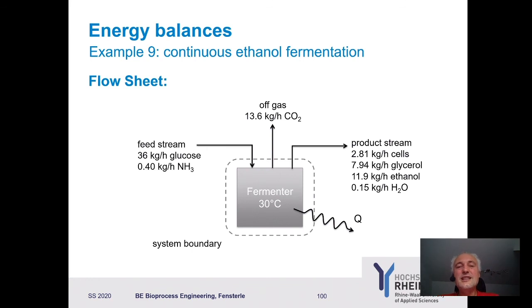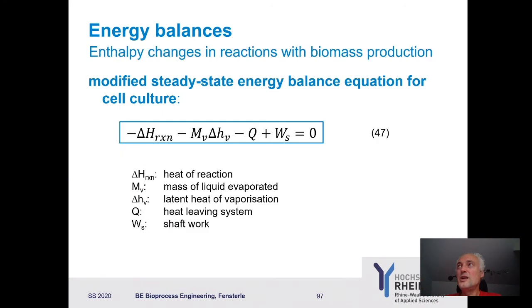We only need the things which are in the reaction to calculate the heat of reaction, because remember, we want to take this equation here, and you see that there are no streams anymore with the internal energy. So you remember the first energy balance we have set up. There, it's the sum of masses going in times the specific enthalpies minus the sum of the things which go out times the specific enthalpy.